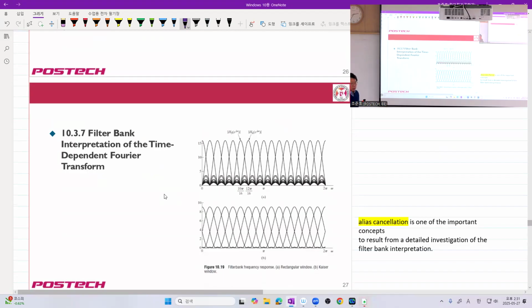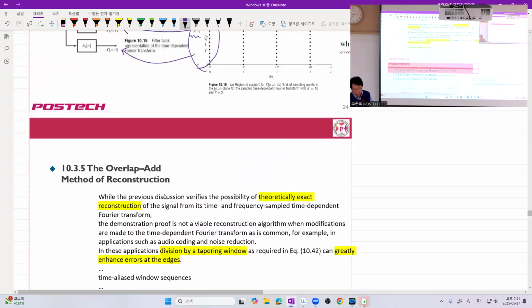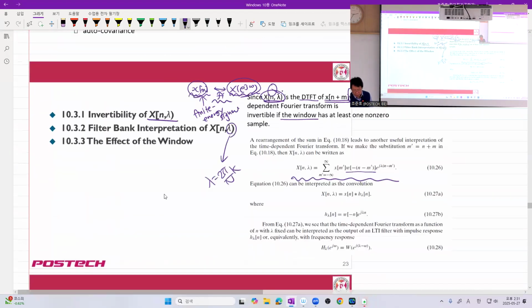And this figure shows the filter bank interpretation of the time-dependent Fourier transform. As you see here, this is the time-dependent Fourier transform, and if we evaluate at a specific lambda, it can be shown as the convolution of x with this function, defined that way.